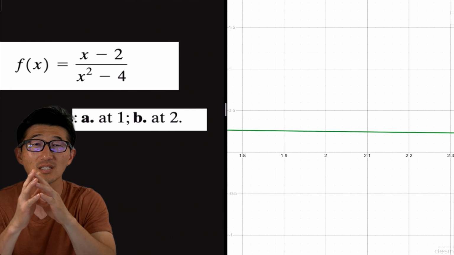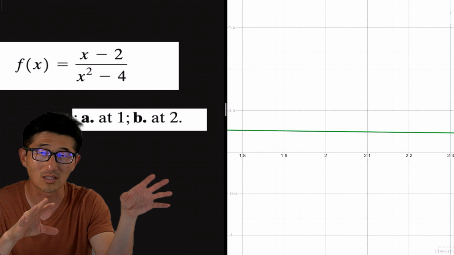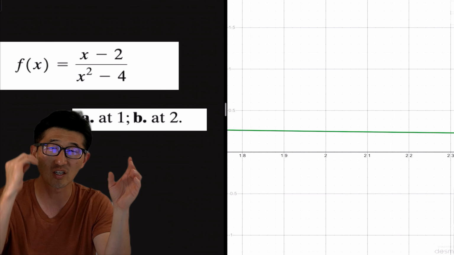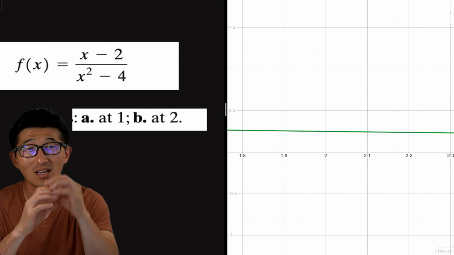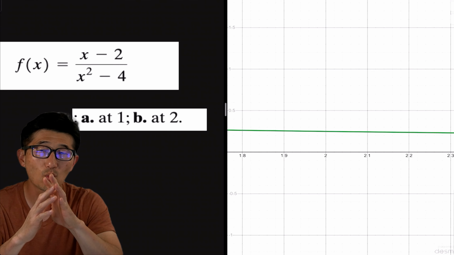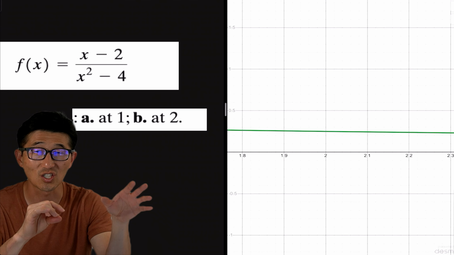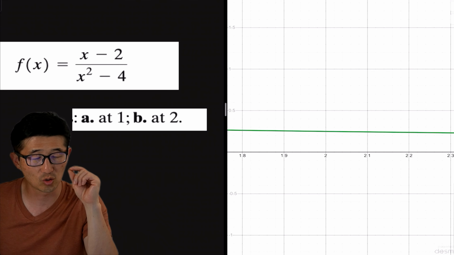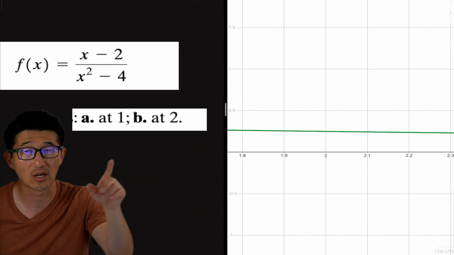Okay, so notice that visually on the graph, you can't tell. They should update it where if there's a discontinuous point, they'll put it there as a hole. This is where even a graphing calculator is insufficient, and I'm going to show you how to do it by hand, where you can immediately know that there is a hole.